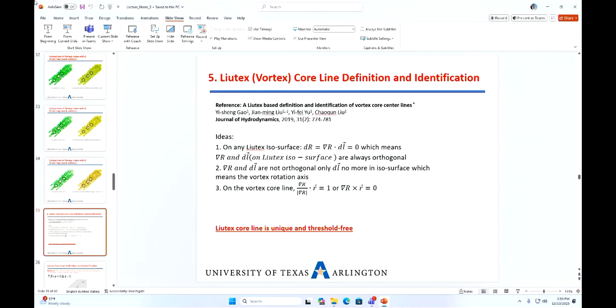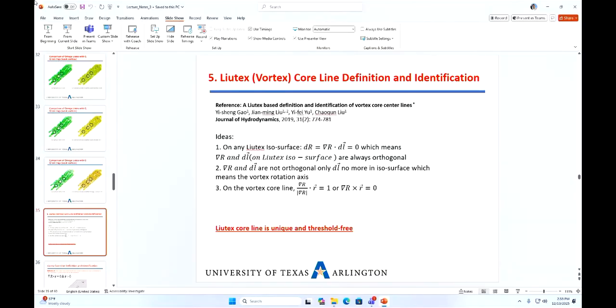Suppose this is R, but on the vortex, they are the same. But how about the gradient of R? The gradient of R is in that direction.